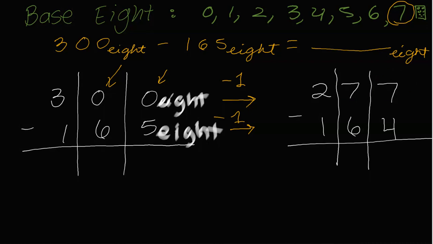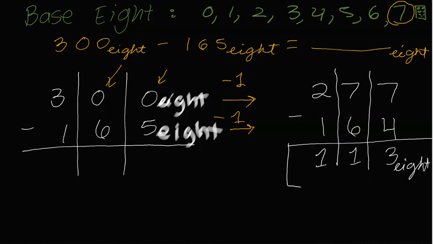Right before 300, I must have counted 277, because if I had one more right here, that's going to make a full group and move up, and then that's going to make it a full group and move up. So then I would have 300 if I had one more. So when I step backward, I would have 277. Now we can do the subtraction problem because there's no regrouping needed. 7 minus 4 is 3. 7 minus 6 is 1. 2 minus 1 is 1 in base 8.